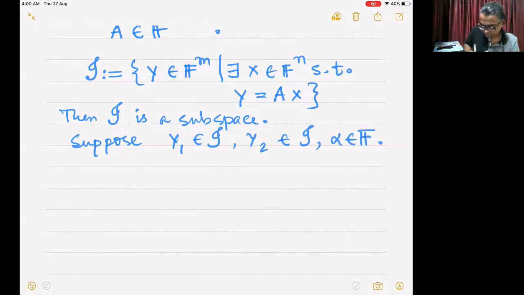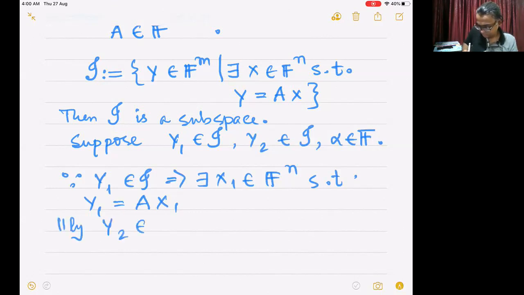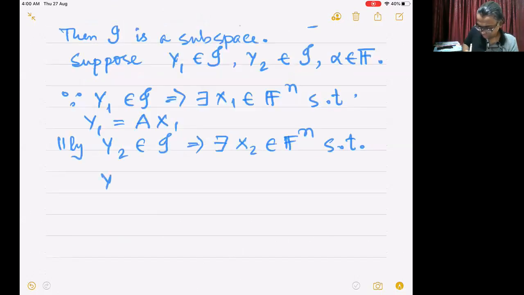Now, since y1 is in I, this implies there exists an x1 in F^n such that y1 is equal to A times x1, as per definition. Similarly, y2 is in I. This implies there exists x2 in F^n such that y2 is equal to Ax2.